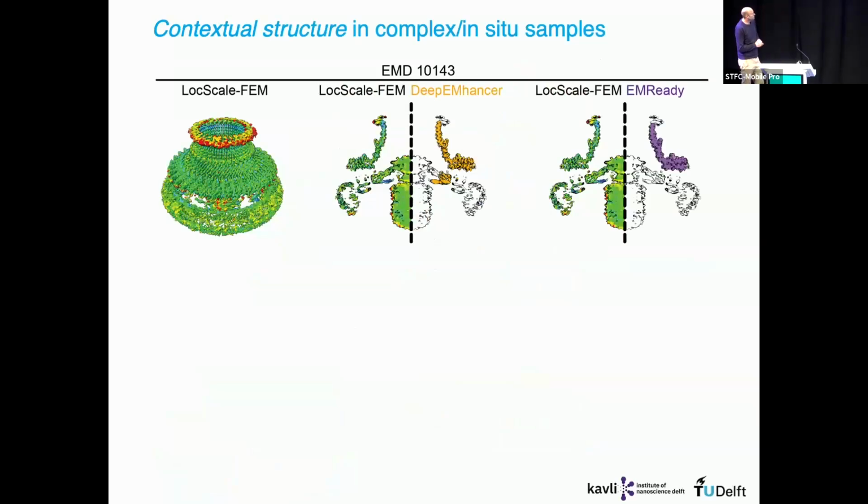Another example, just to show the difference, I think, between LocScale2 and at least two other deep learning-based map modification methods is that LocScale2 tries to preserve contextual information, and that's one example that you see here, where DeepEMhancer and EMReady, which have been trained on model-based densities, either implicitly by using LocScale1 targets or by using explicit model information, recover the well-resolved high-resolution part, but not the low-resolution parts of this density map.